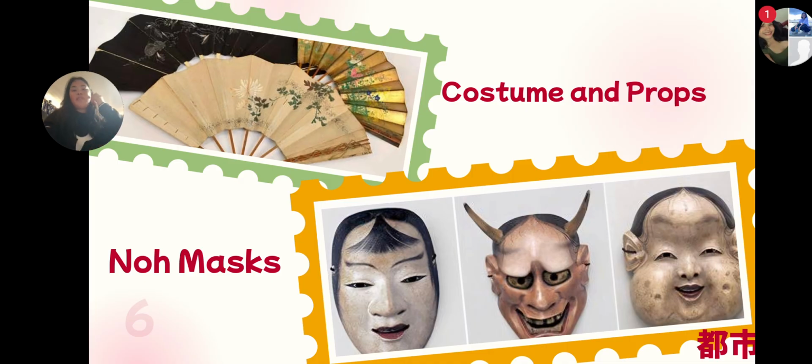So we have the Noh mask, which is the one used by the Shite, or the hero of the show. One key element to know is the masks which the Shite wears.